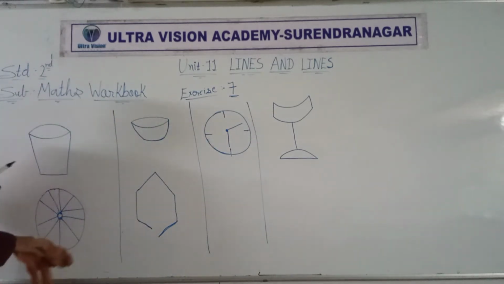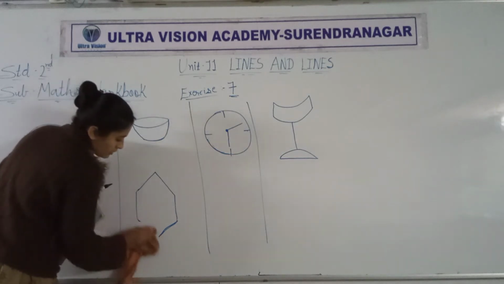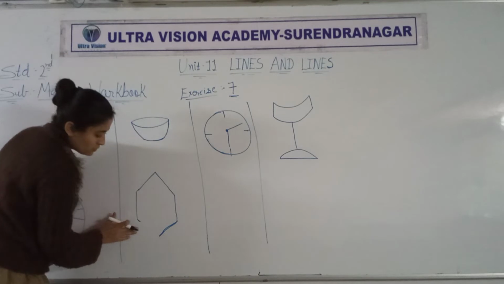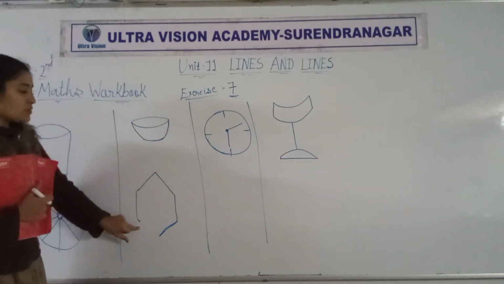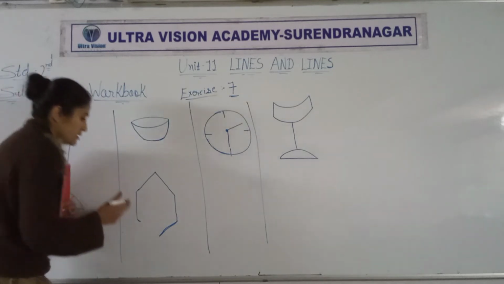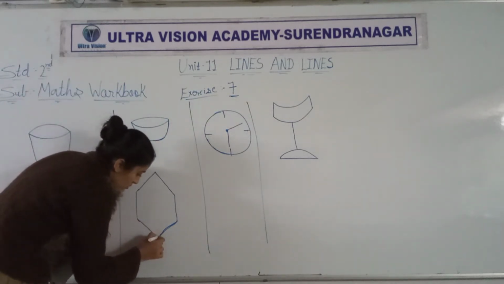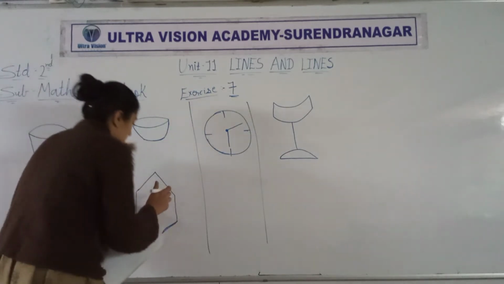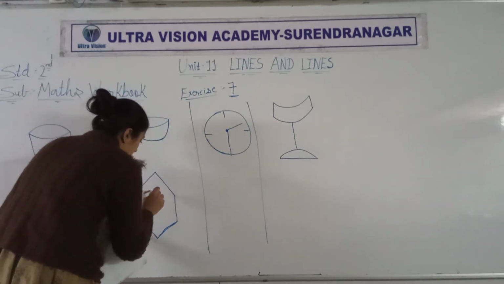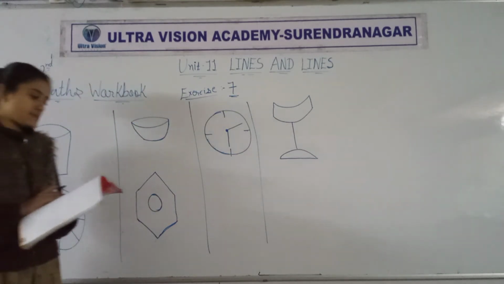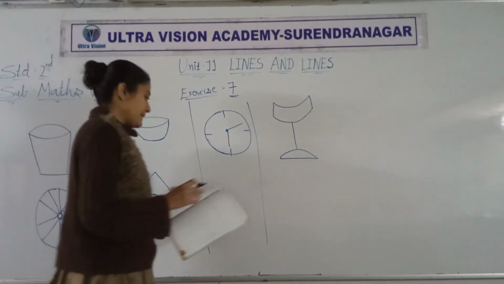You don't need to do it by your hand. You have to use a ruler or scale. Then again we have to make here a round. It's very simple. Let's see.